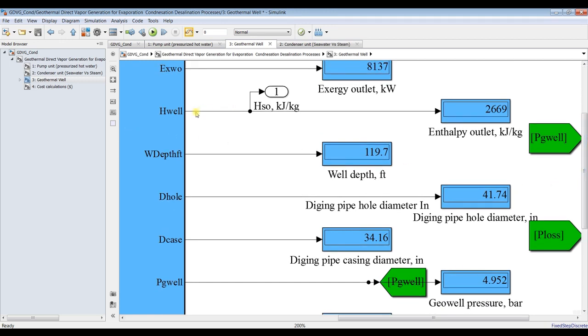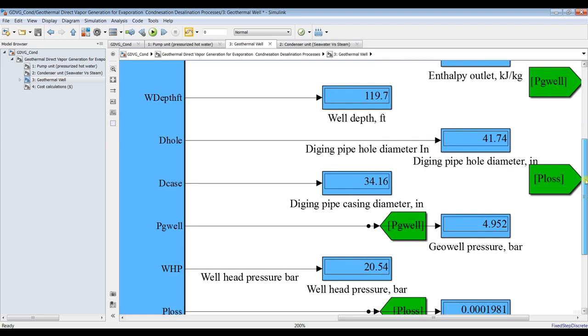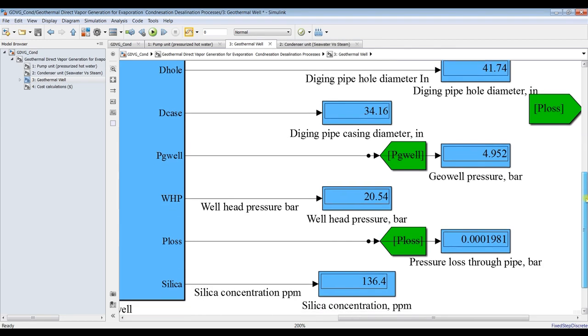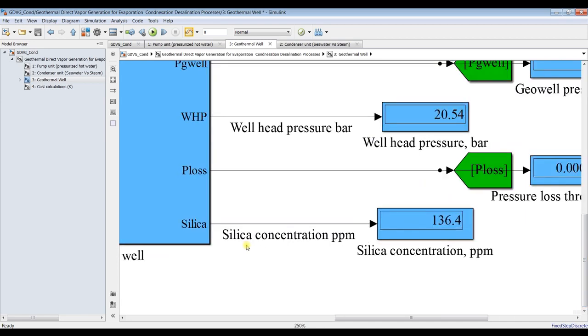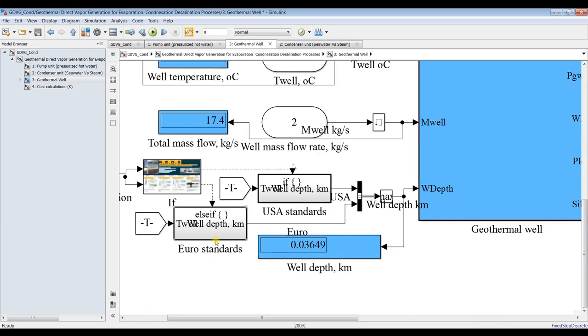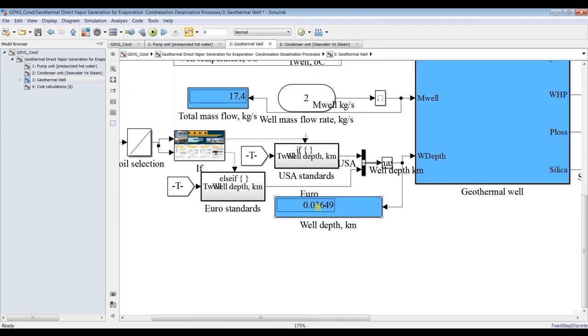This is the enthalpy of the steam, and we have here the well depth in feet, and the diameter of the hole in inch, drilling pipe casing diameter, geothermal well pressure, wellhead pressure, silica concentration, and we have here, this is for 100 degrees Celsius. We have to dig only around 300 meters according to US standards.